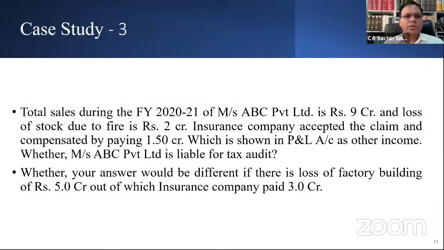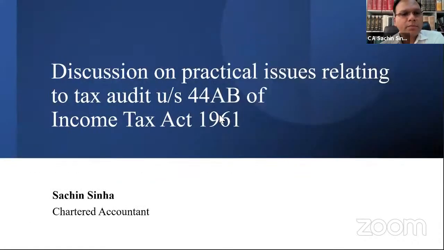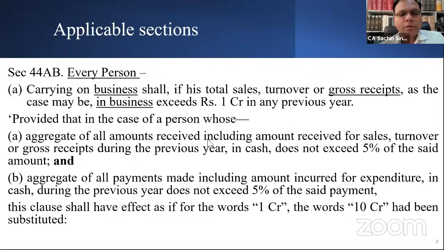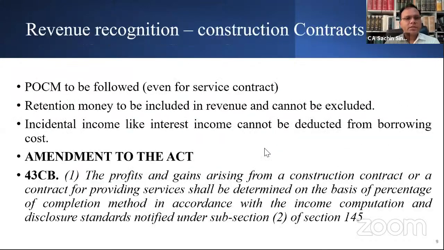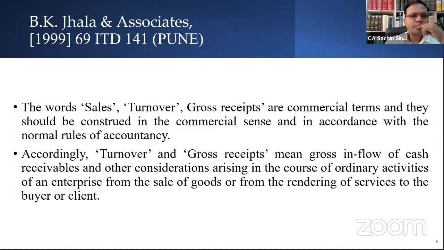Before this, just for the purpose of discussion, since we have discussed this part, the aggregate of all amount received and the turnover 5 crore. So it is important to understand, since it says that 10 crore is the limit, what would be the situation?